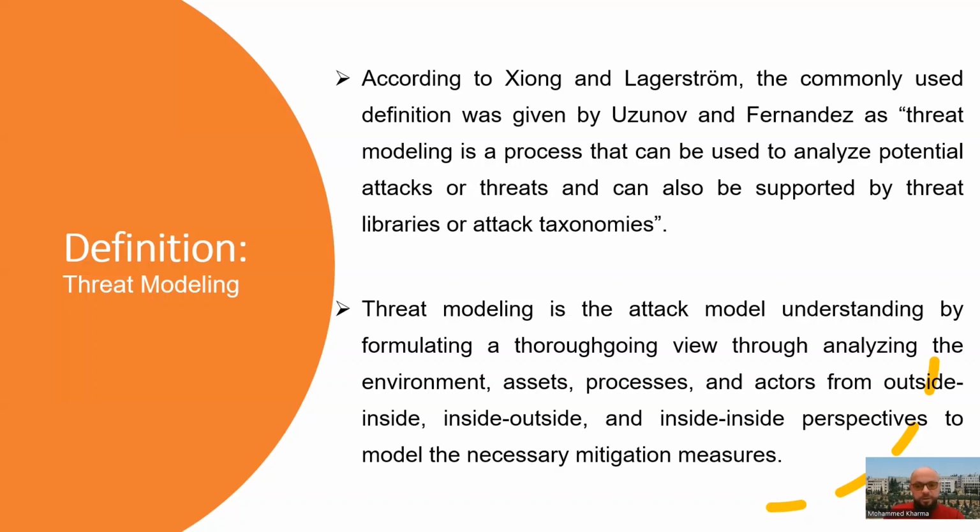The inside to inside is insider adversaries that have legitimate access to the trusted boundaries of the environment, but use their privileges to attack the environment assets. The third type is insider adversaries that have legitimate access to the trusted boundaries of the environment, and use their privileges to initiate the attack from the inside of the environment toward an external environment.